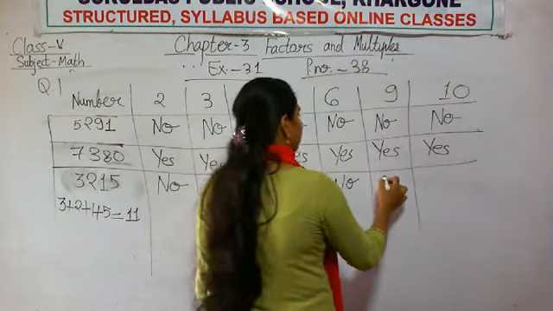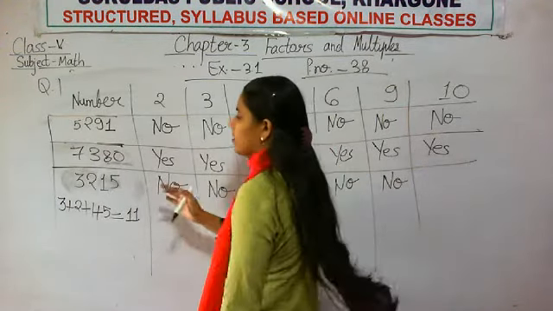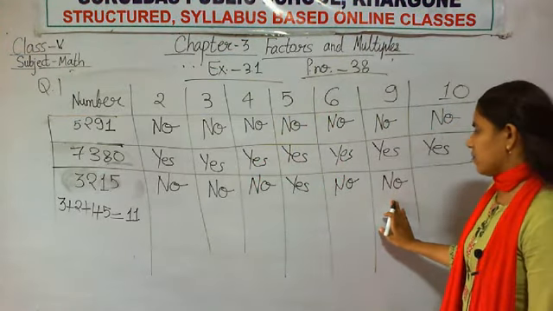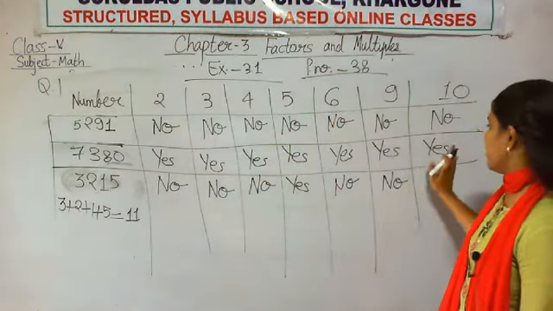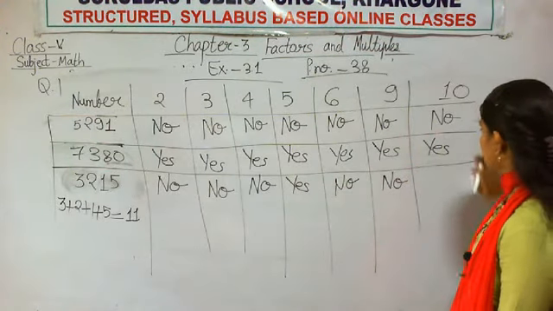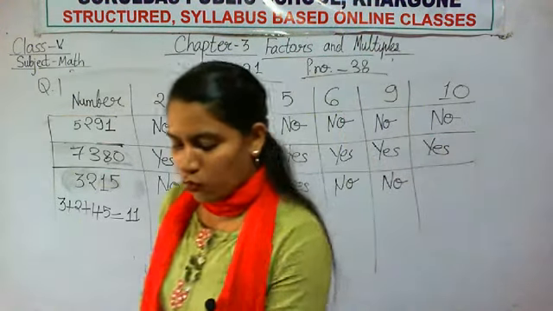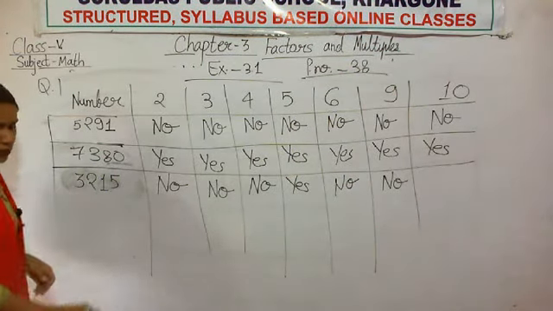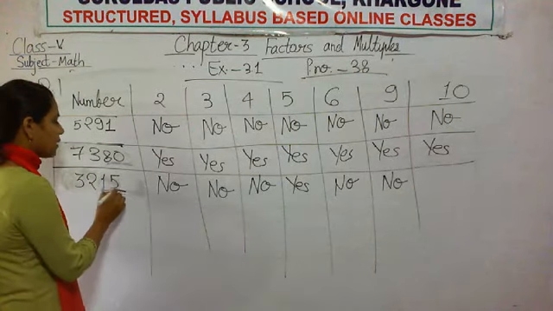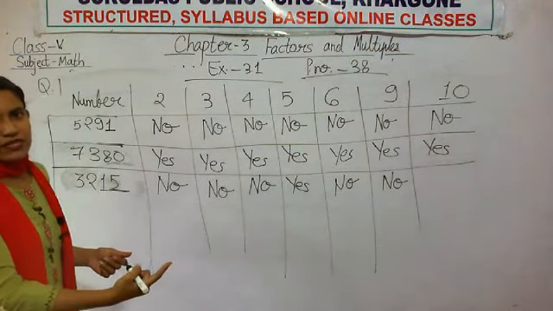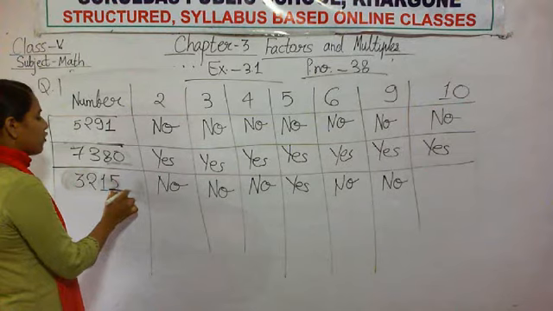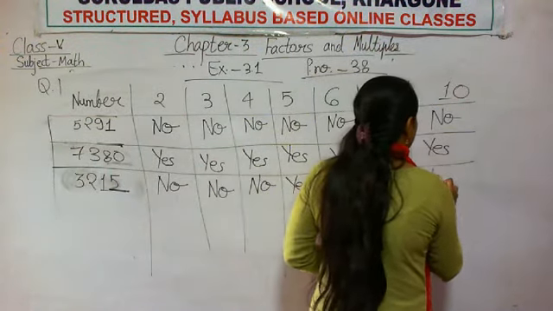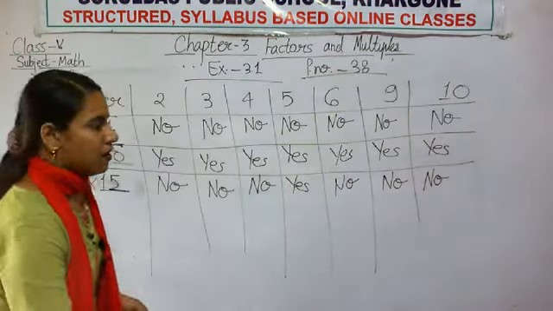So you conclude that no, the given number 3215 is not divisible by 9. Now let's check for the divisibility by 10. According to the rule, if the ones place is 0, then the number is divisible by 10. But here our ones place is 5. So again this number is not divisible by 10.